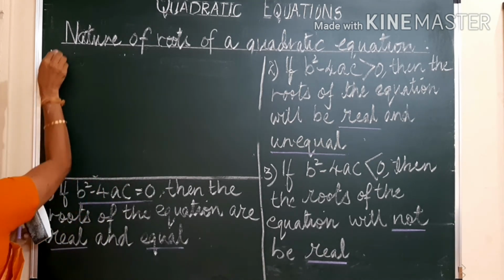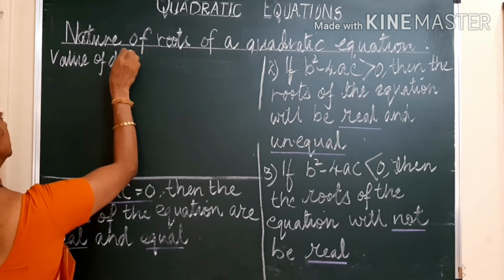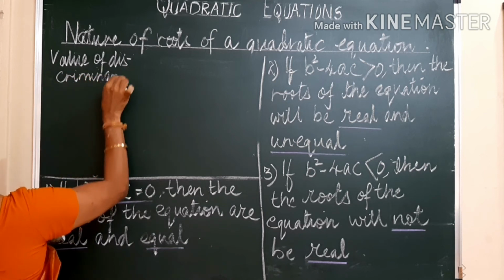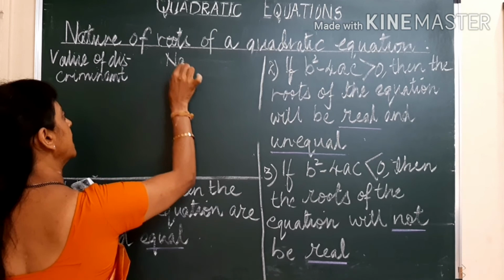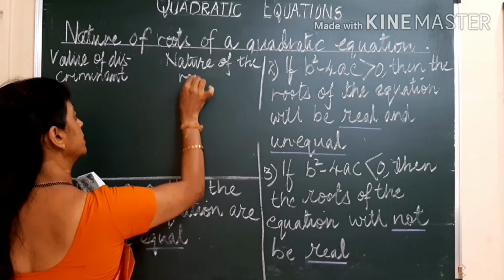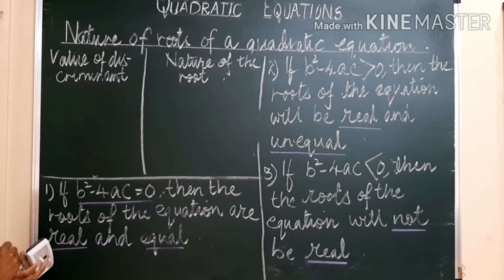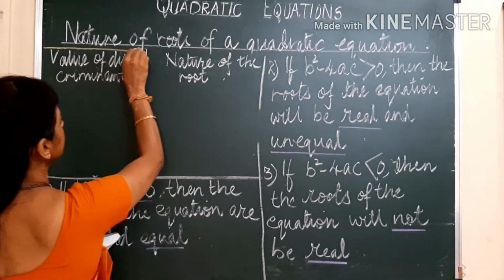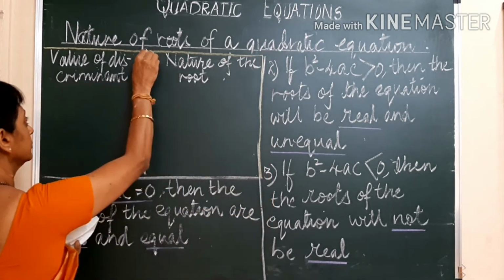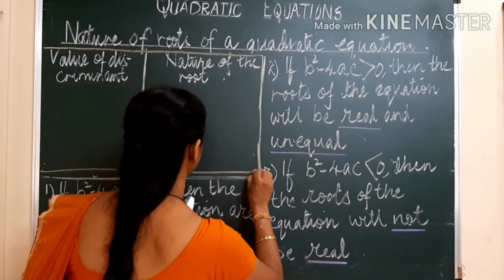Let's take an example. Value of discriminant, and over here let's decide the nature of the root. Right, children? So let's do it. Let's take three possible cases.